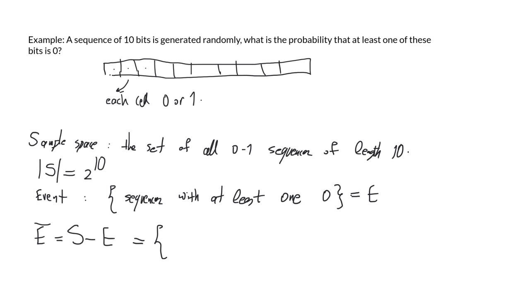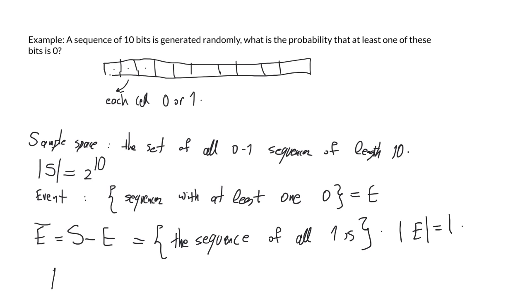So this is the sequence, and this happens only for one sequence, so the cardinality of E bar is 1.